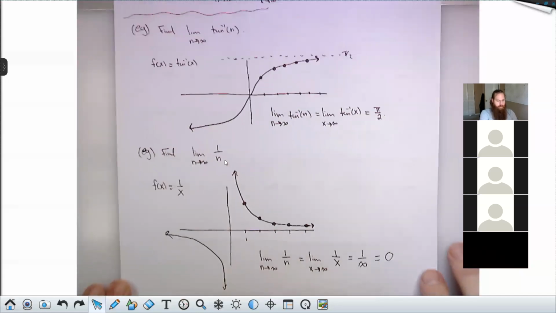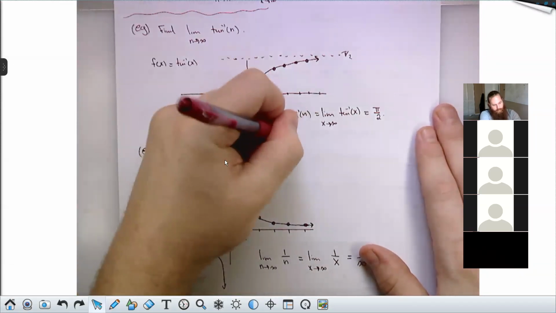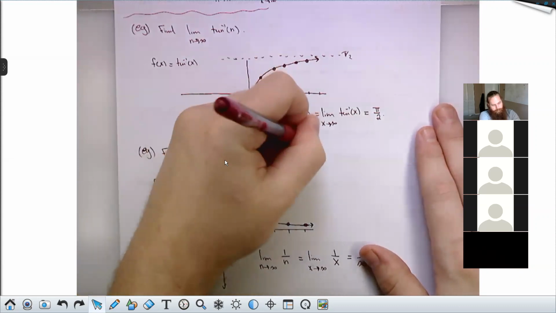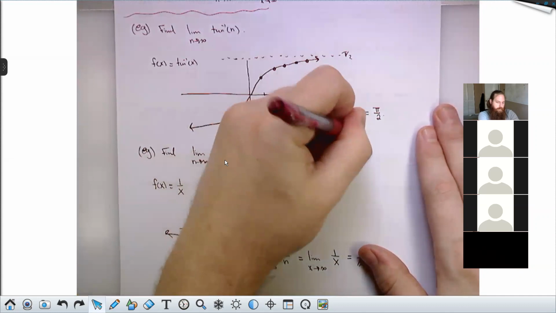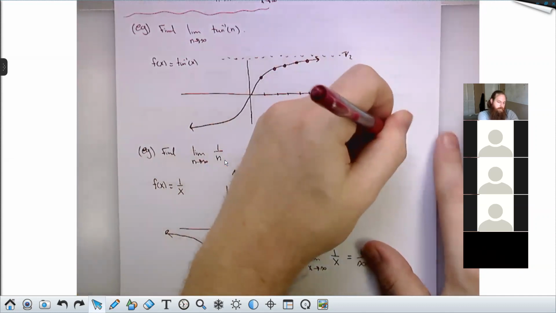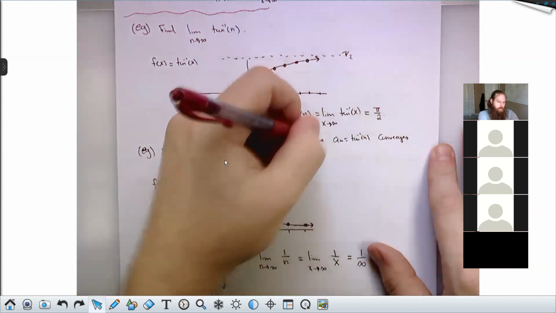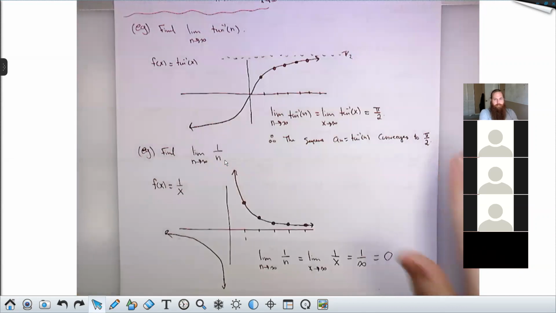In this first guy, I would say, therefore, the sequence a_n equals inverse tangent of n converges to pi over 2.